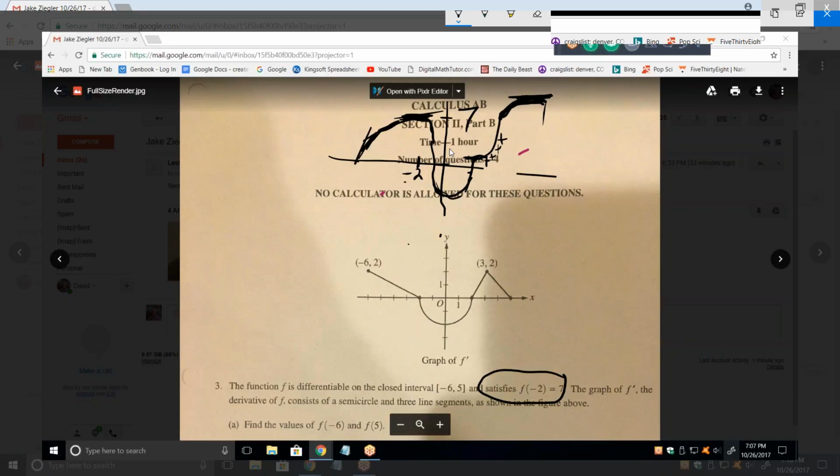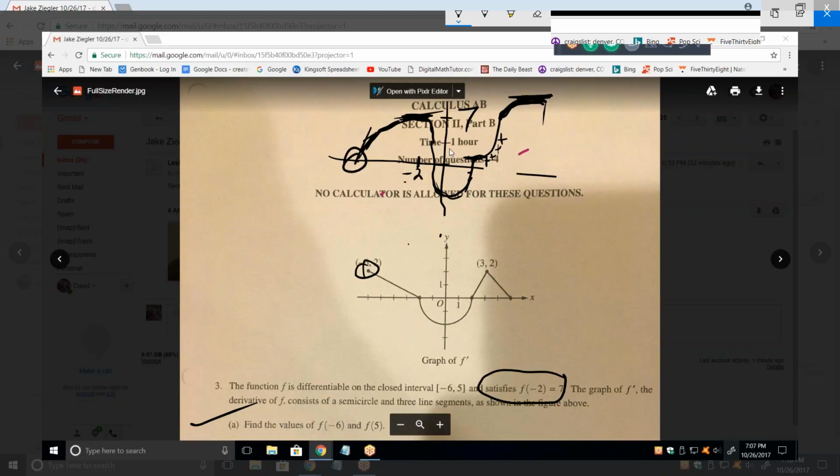So can we answer these questions? What is f of minus 6? Which is, what is that point right there on the original function?